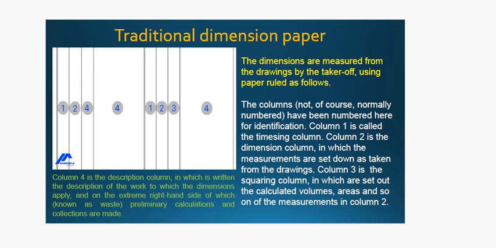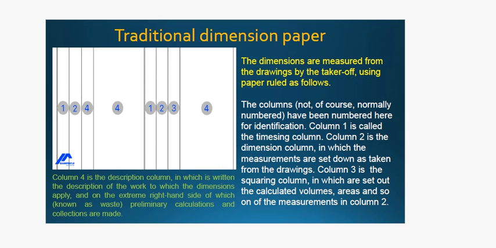Despite the much indulgence into technology that has come into place, where the measurement or the taking off is being done electronically, the traditional dimension paper still stands out. And for that reason, when you have the idea of using the traditional dimension paper, taking note of the principles that are applicable, then you are at a good place.